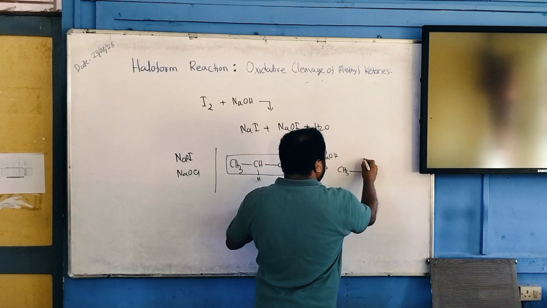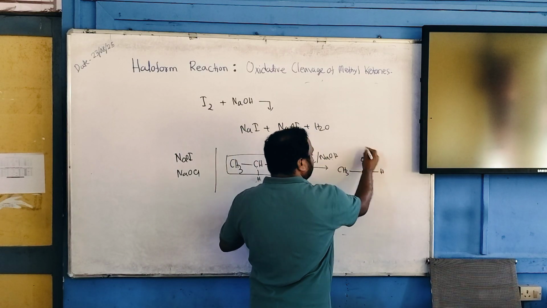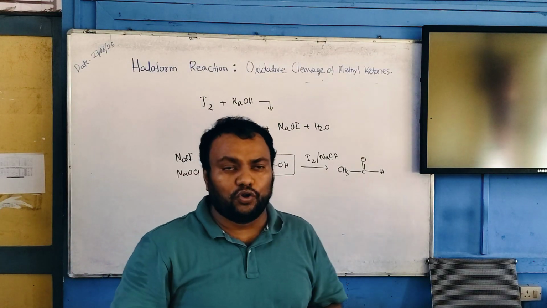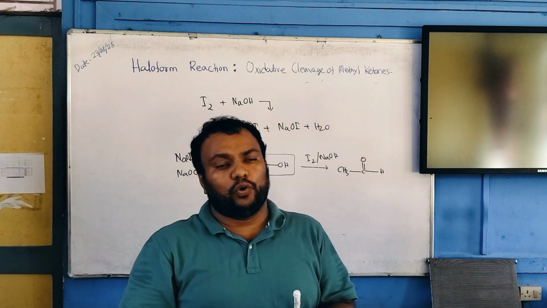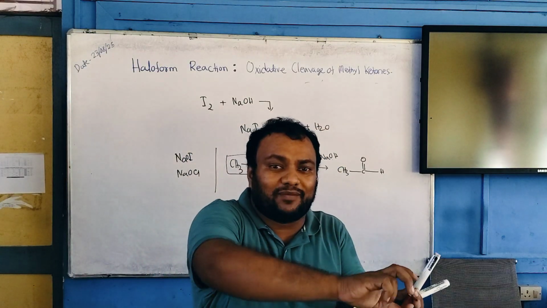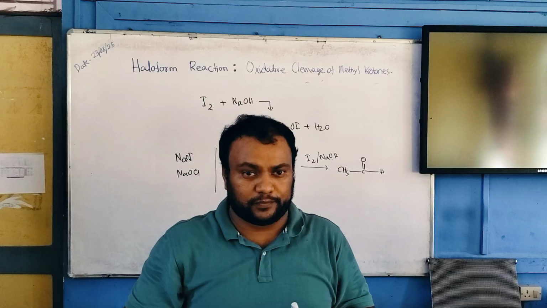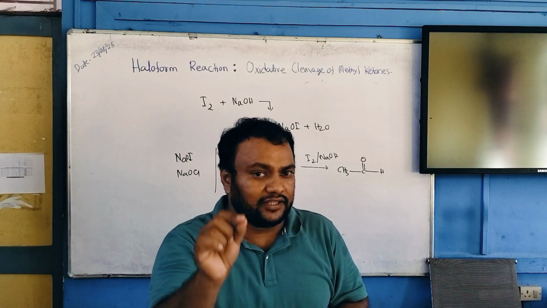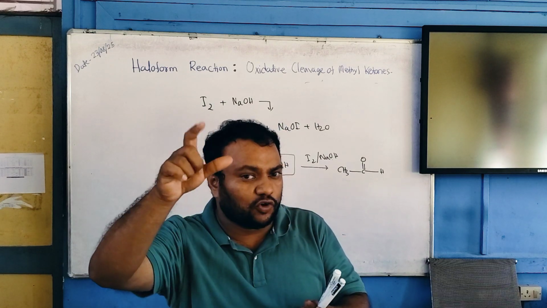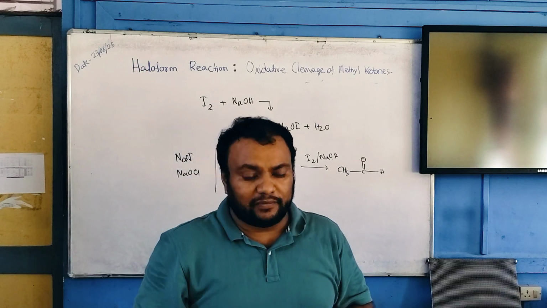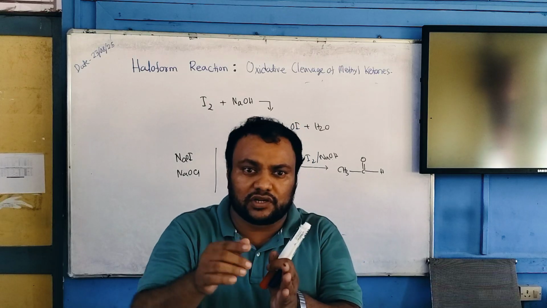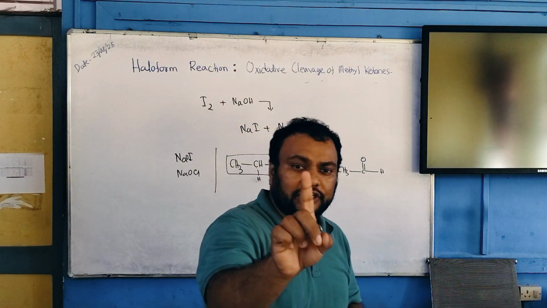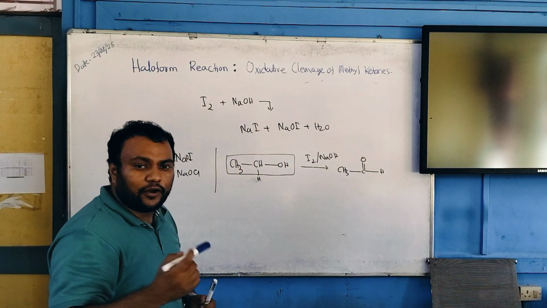So it will oxidize and you will get this ketone. So not only for carbonyl compounds, but also for an alcohol which contains a group that can be oxidized to keto-methyl. If the alcohol has a CH3CHOH unit, after oxidation it will be CH3C double bond O. That means a group which after oxidation is converted into a keto-methyl group also gives you a positive haloform test or iodoform test.